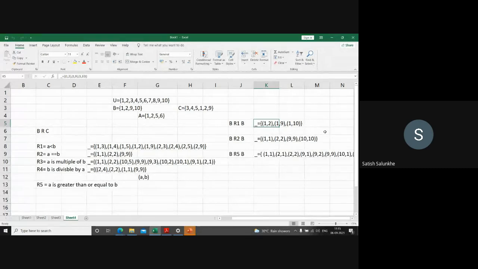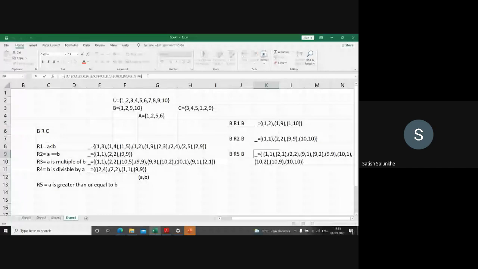Correct. Whenever you are giving justification, the perfect justification is to give at least one counter example for which the relation or property is not holding. As you rightly stated, (1,2) belongs to R, but (2,1) does not belong to R. Okay, correct. What about R2? Come on, quick. Yes, sir, symmetric. Yes, very good. And what about R3?